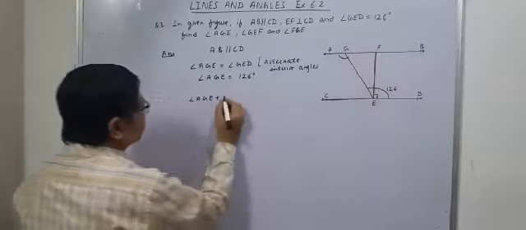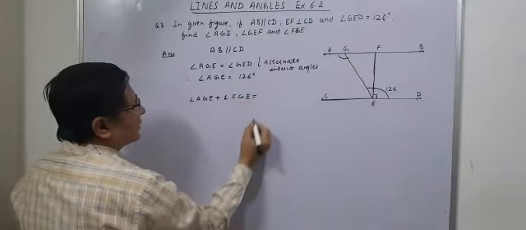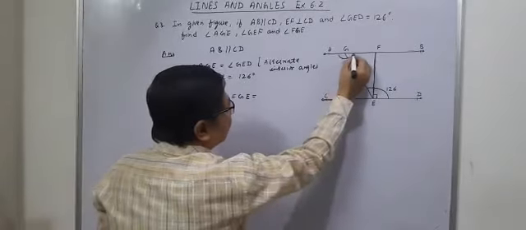Now if we take angle AGE plus angle FGE, they are forming a linear pair. See this angle and this angle.